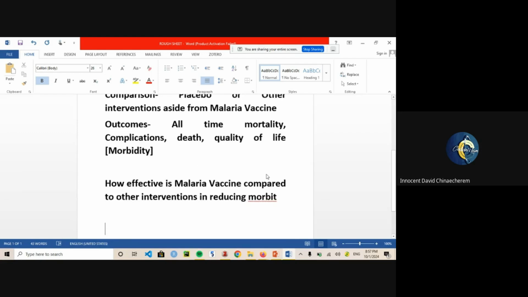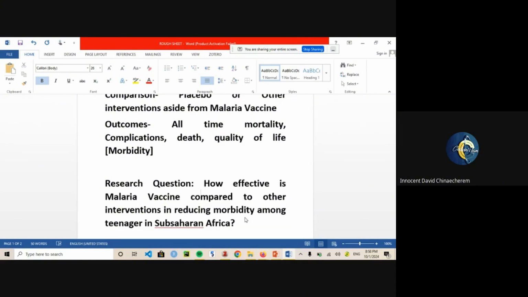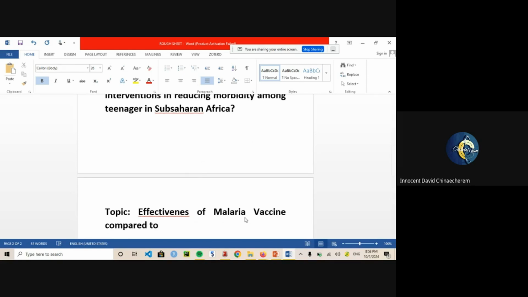This is just an example. Reducing morbidity among teenagers in Sub-Saharan Africa. This is my research question. Remember, if you want to present this as your topic, it's still the same thing. You could say, effectiveness of malaria vaccine compared to other interventions.